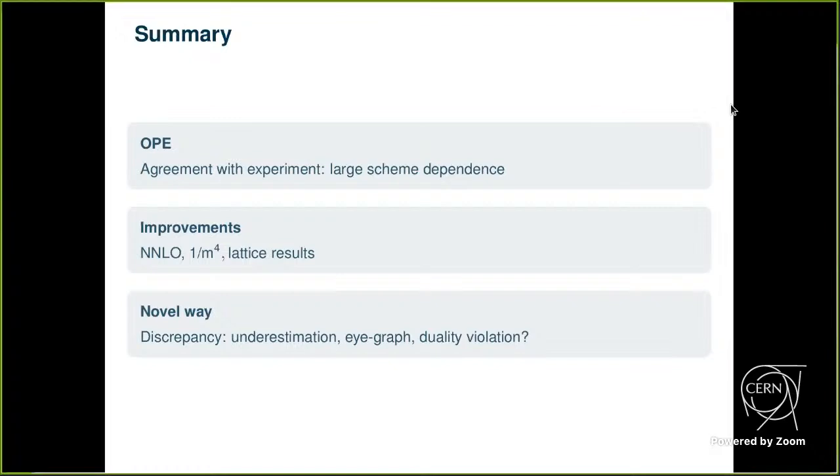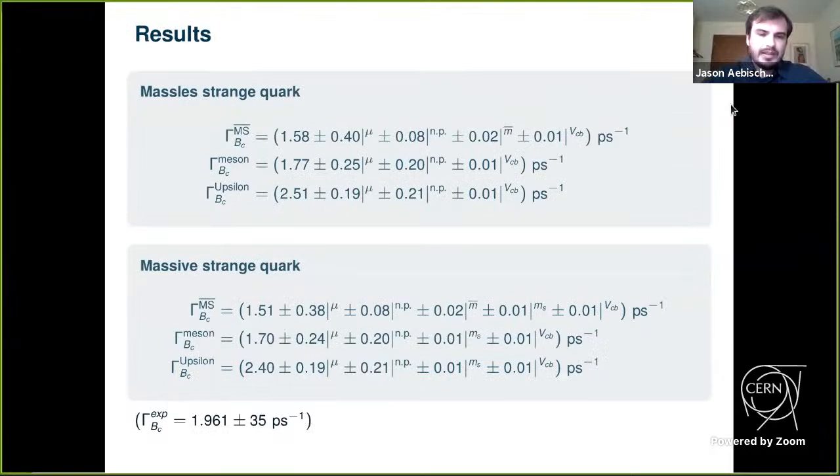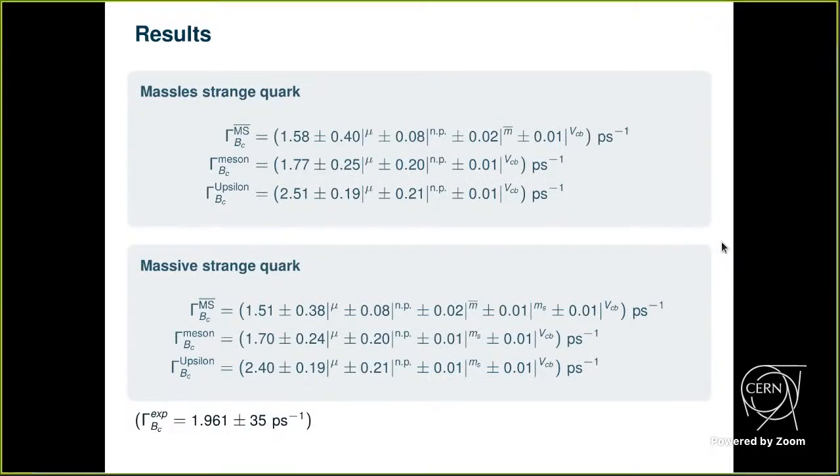I mean, maybe some of the schemes that you're looking at are not particularly reasonable, or can one say whether the meson or the Upsilon scheme maybe is an expansion around an unreasonable scale? I'm not sure what to make out of the numbers. I mean, the most pessimistic conclusion would be this operator product expansion is probably not very well controlled.